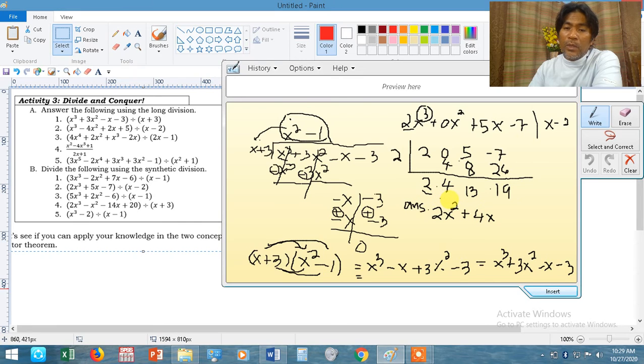Remember, it follows in order: 2, 1, then this 13 is the constant. That is why 0 for x. Then, plus remainder 19. Okay, this is the answer.